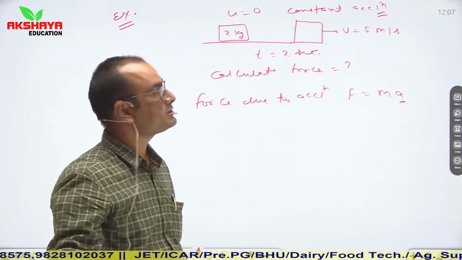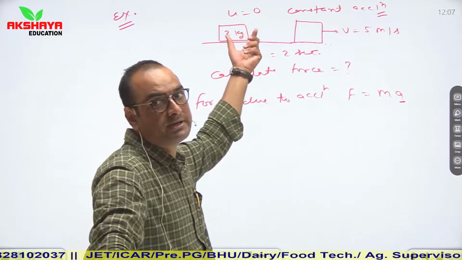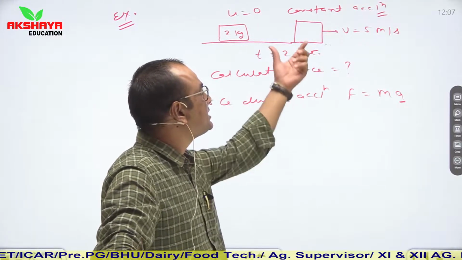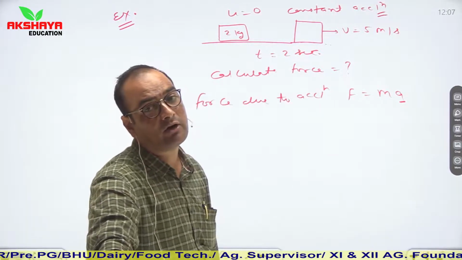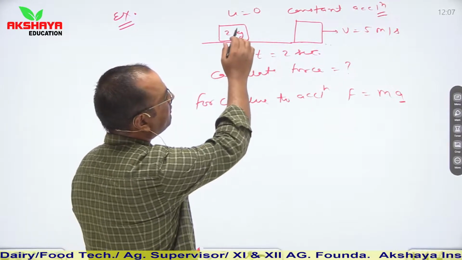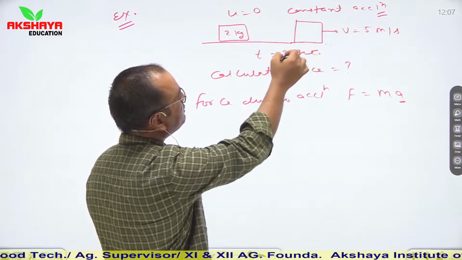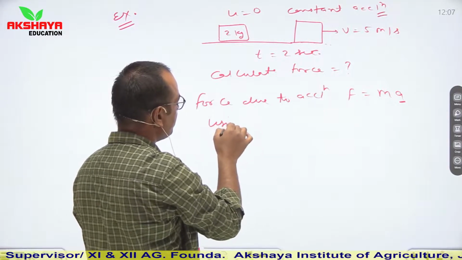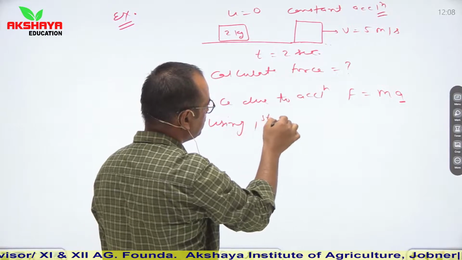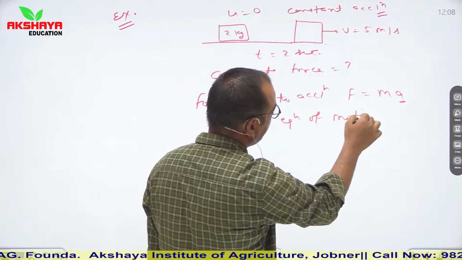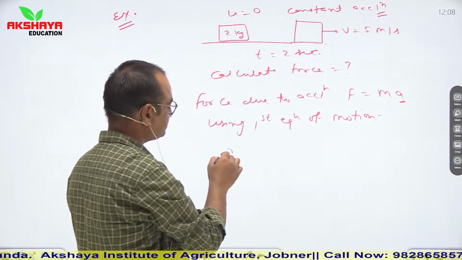But we are given in the question that the initial velocity of the object is 0, its final velocity is 5 meter per second, and it is traveling with uniform or constant acceleration. So we are given initial velocity, final velocity, and time, and we can calculate acceleration using the first equation of motion.